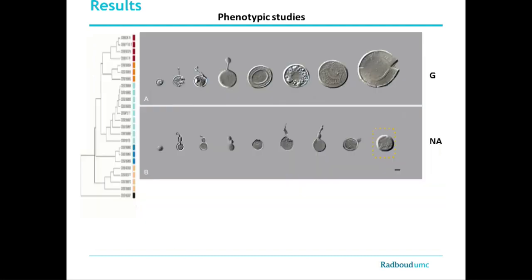And here, this graph very clearly demonstrates the difference between these two populations and the progressive adiaspore development of these two populations. The top one is from global and the bottom one is from North America.